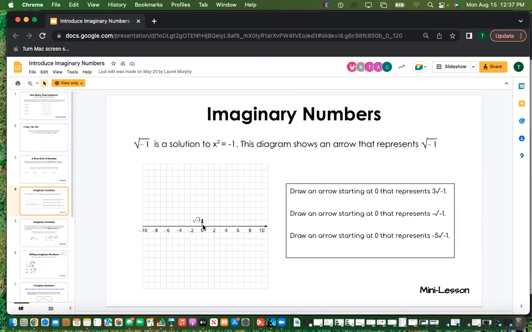We're going to start at 0, 0, and go up 3: 1, 2, 3, and plot that point right there. And that's going to be the 3 square root of -1. Now, in order to do negative square root of -1, I'm going to go down 1 and plot that point right there.